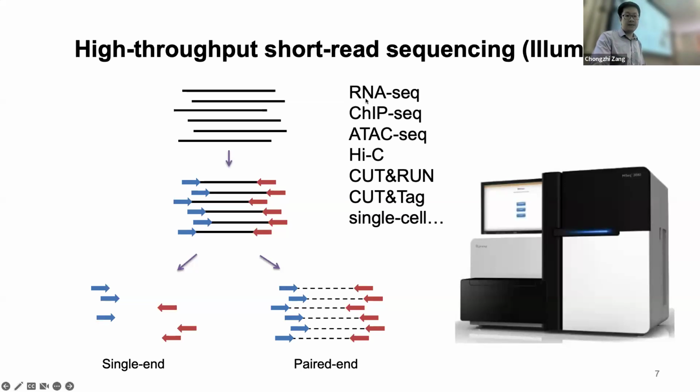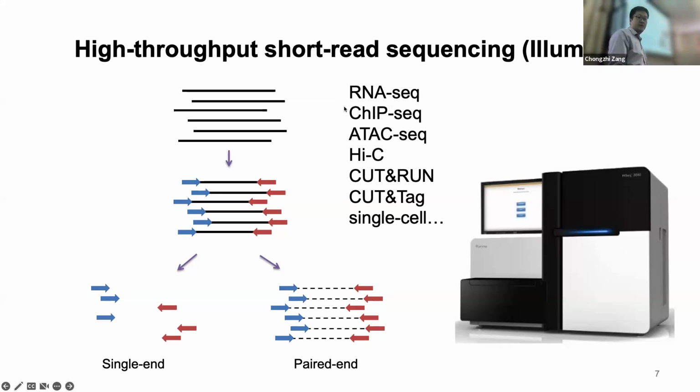The idea is that, instead of first generation sequencing, which is very expensive and slow, high throughput sequencing can generate millions of short sequence reads. And it has been applied to all different types of sequencing-based biochemical assays.